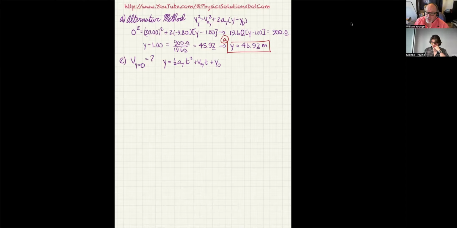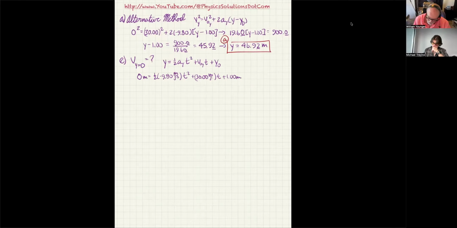There's other ways you could do it, but this is the way I'm choosing to do it in this particular instance. So I'm going to say 0 meters is equal to 1 half times negative 9.80 meters per second squared times t squared plus 30.00 meters per second times t plus 1.00 meters.